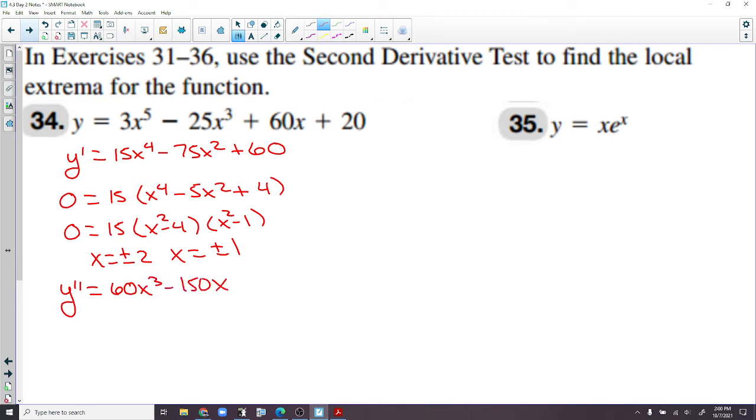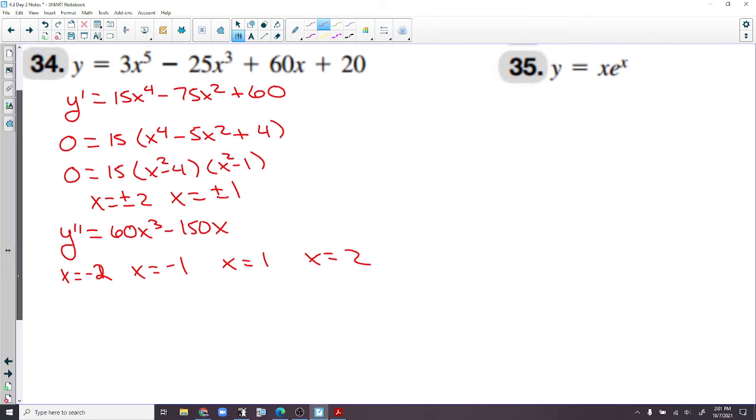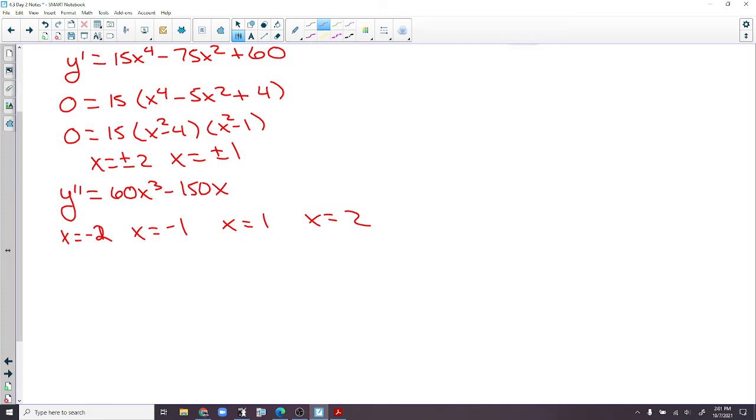And now I just have to evaluate the second derivative at all of these points. We'll go negative 2, negative 1, 1, and 2. And we're talking about the second derivative here. At negative 2, that's negative 480 plus 300.